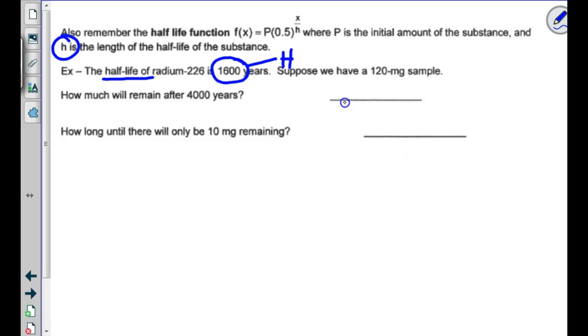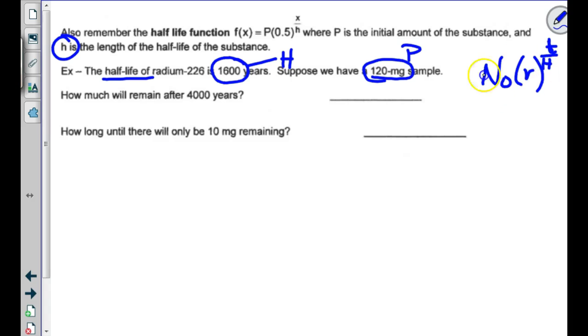Suppose we have a 120 milligram sample. That's our initial amount. I think it actually looks like this on your pink sheet. Is it T over H out here, or half-life, or?